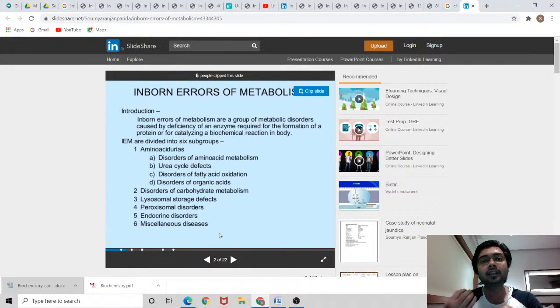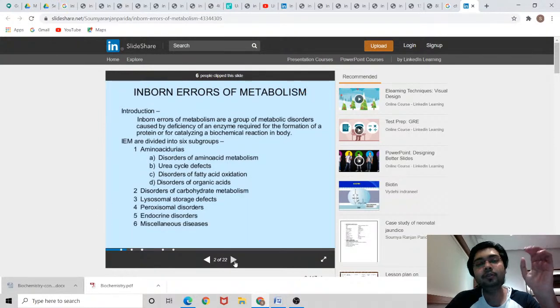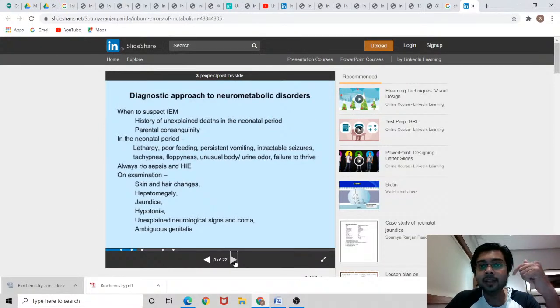They directly ask which enzyme is deficient in tyrosinemia type 3. So you should know which enzyme is deficient in Fabry's disease, tyrosinemia and all other things, and then you need to differentiate between the other diseases. In the clinical question, they will give you a history of unexplained death of a newborn, or a history of a baby with poor feeding, persistent vomiting, seizures, tachypnea, changes in the skin, hepatomegaly, jaundice, hypotonia.